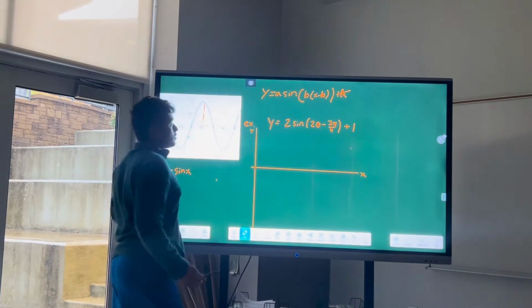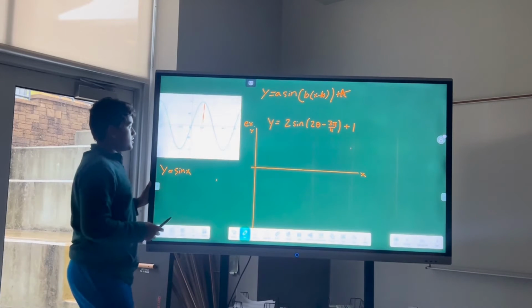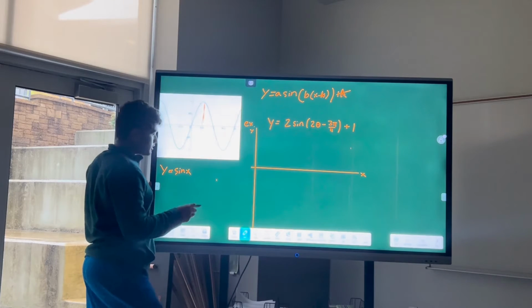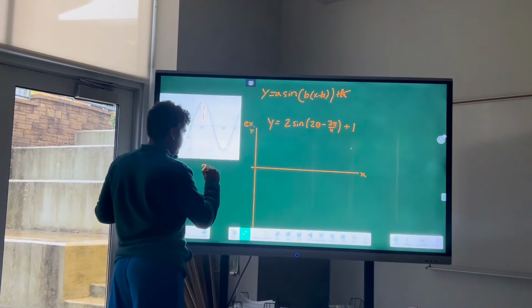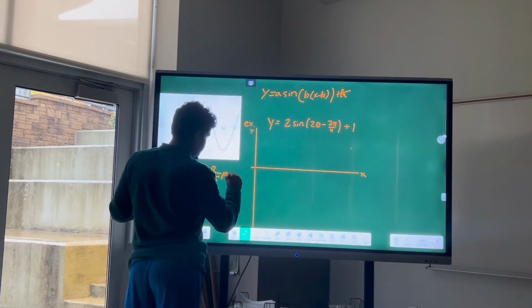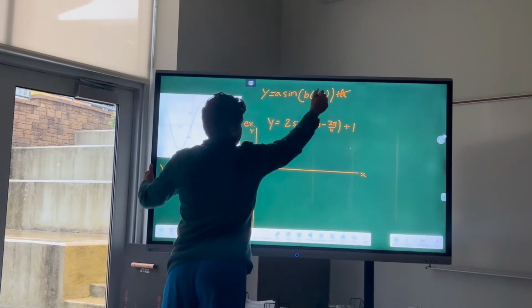B is going to be our horizontal stretch, just like in any other function. In this case, B is going to tell you about the period using the formula 2 pi over B. That's going to give you the period.